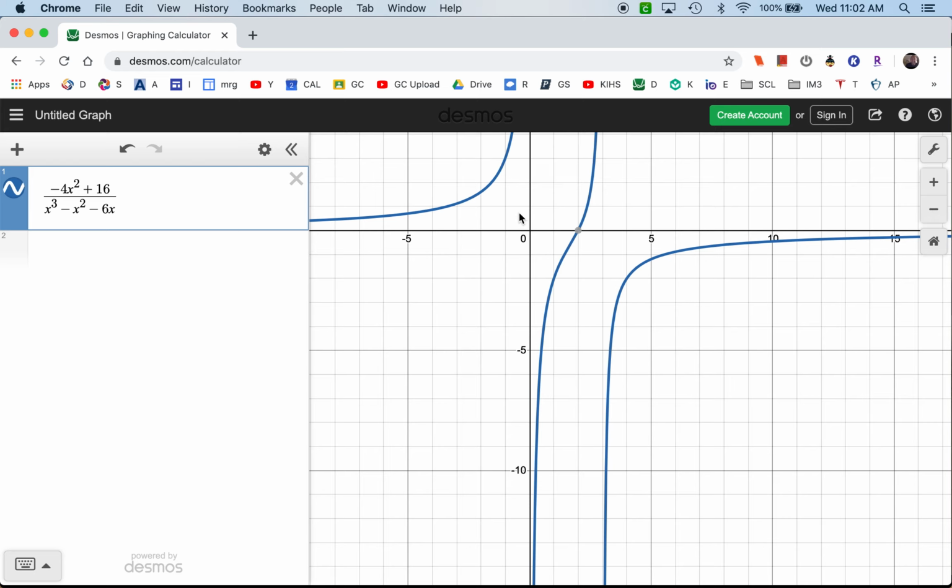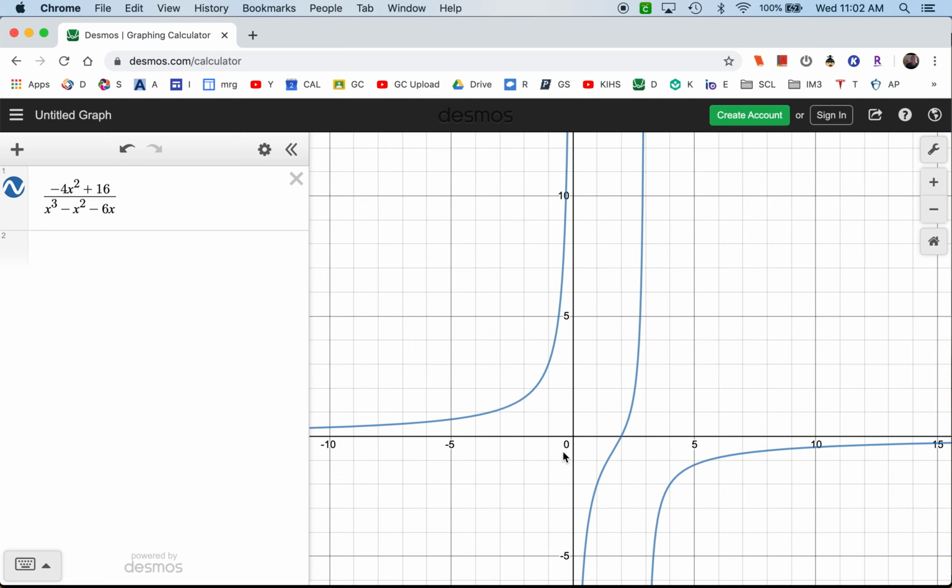I want you to notice at -2, and it's a two-sided one. Let's make sure I typed it in right. -4x squared plus 16, x cubed subtract x squared subtract 6x.